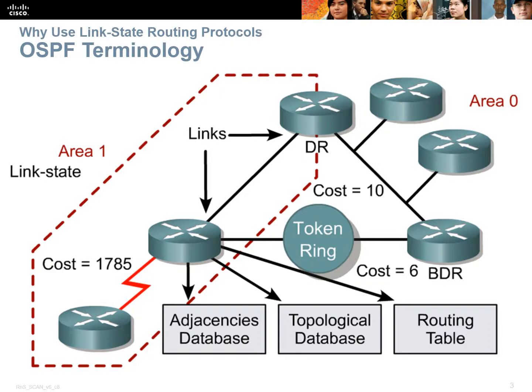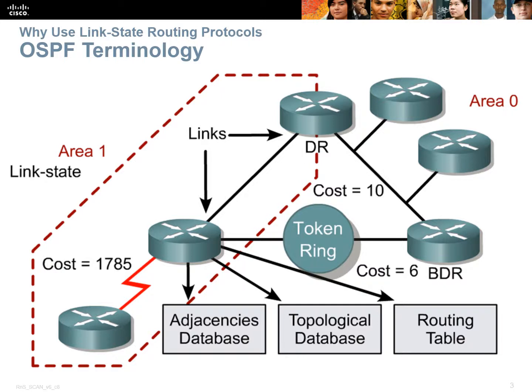The cost. The primary metric of OSPF is cost. Cost is the inverse of bandwidth. So the faster the link, the lower the cost. As you can see over here on this side, we have a 10 megabit link, and that's going to cost a 10. Token ring typically used to be 16 meg, so that's why it's got a cost of 6.